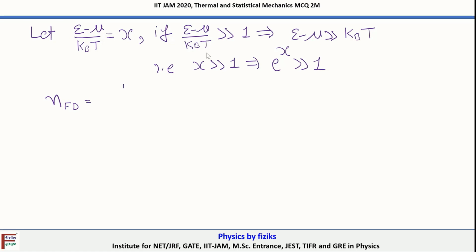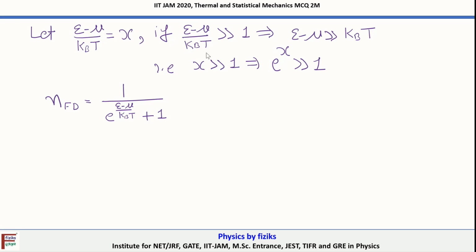So this becomes 1 upon exponential (E minus mu upon k_B T) plus a, where a is equal to plus 1 for the Fermi-Dirac distribution.